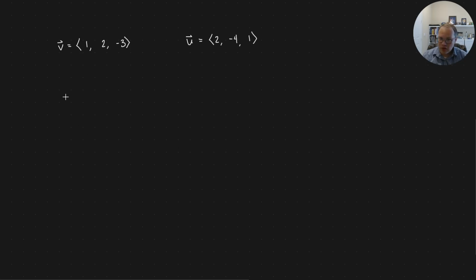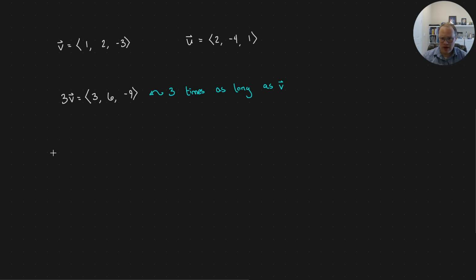Okay. If I do 3 times v, that just multiplies each component of v by 3. <3, 6, -9>. And now this vector is 3 times as long as v, but it's pointing in exactly the same direction, right?